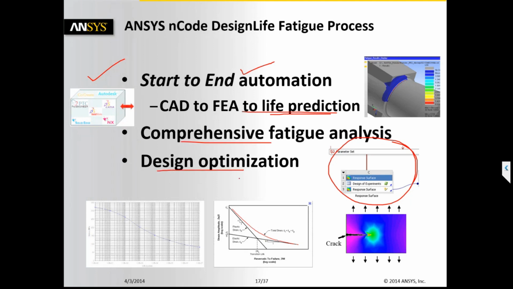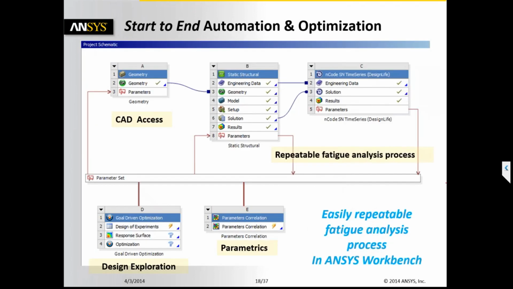So we can do a seamless CAD to FEM integration, and a comprehensive fatigue analysis is possible. We can also do a design optimization, that is, by changing the parameter you can see what the life variations are. You can set the target life required. This is a familiar process where we build the model and set parameters. For example, if you have a shaft, you have a radius, a length, the material and other things.